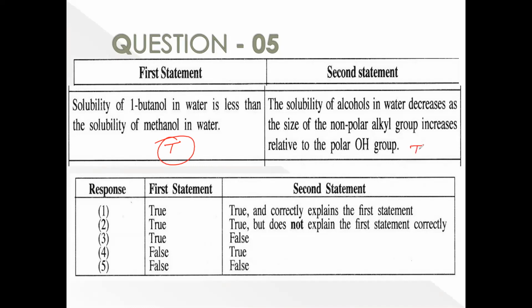As the size of the non-polar alkyl group increases relative to the polar OH group, the solubility will decrease. So this is the answer: the second statement explains the first statement very clearly. So answer number 1. We have completed the quiz.